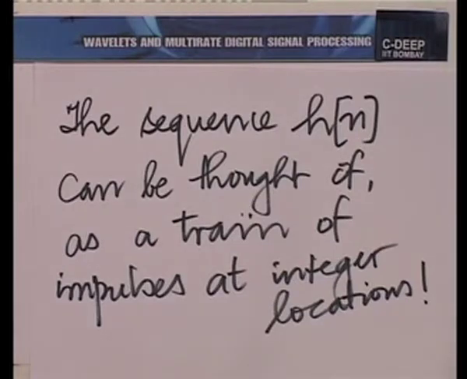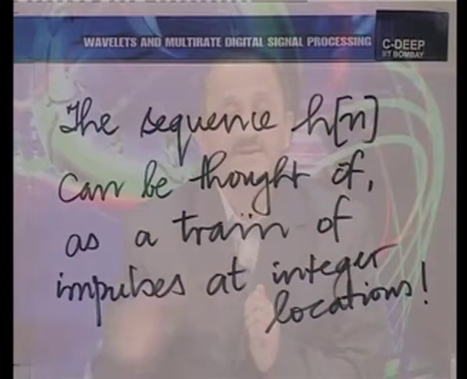And the train of impulses therefore, is of course a continuous function. So, you can take its Fourier transform and use the continuous or analog frequency variable. Now, one must interpret capital H of capital omega in that sense.